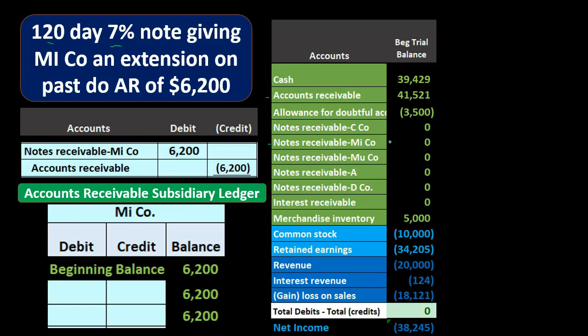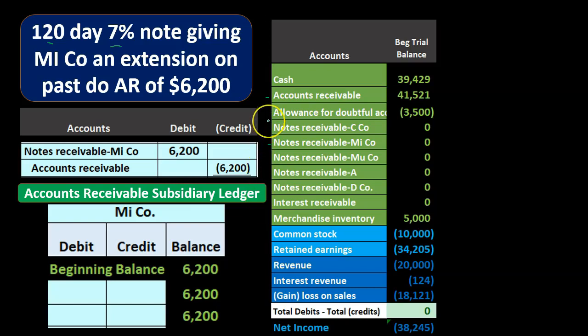It is possible, however, for us to track this with just one account on the trial balance as well, and then have supporting documentation in a similar way as the subsidiary ledger for the notes receivable, which would calculate both the notes receivable due to us and the interest that would be due on those notes receivable.